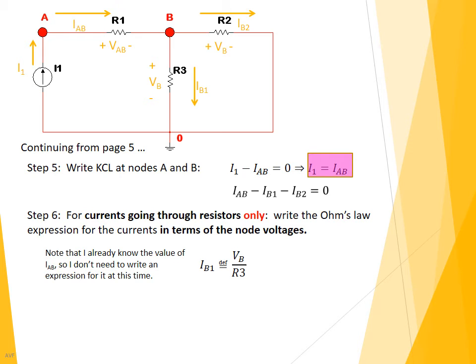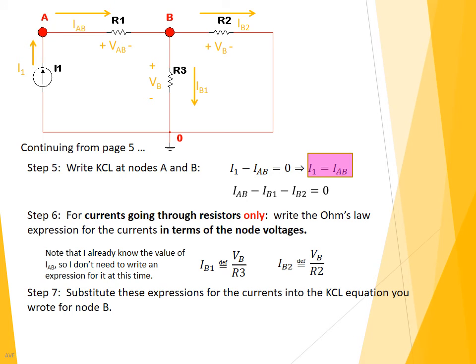IB1 is equal to VB over R3 and IB2 is equal to VB over R2. So for the second expression, the KCL at node B, I substitute everything I know, and review the final form of the equation for KCL at node B. And this expression shows that I now have an equation where I only have one unknown, that's VB.